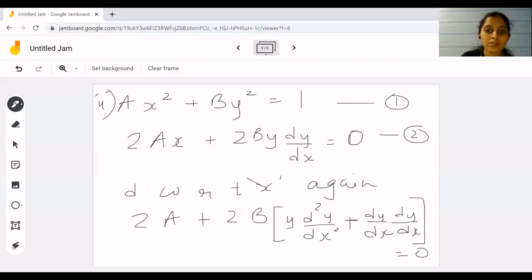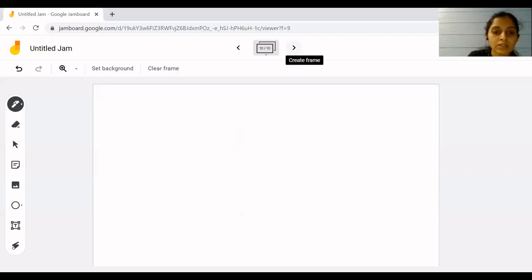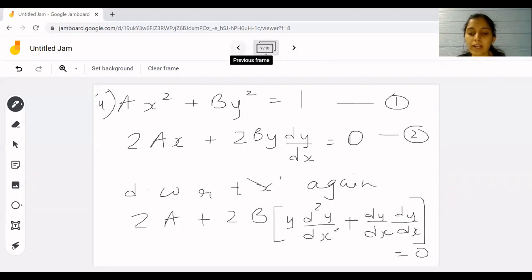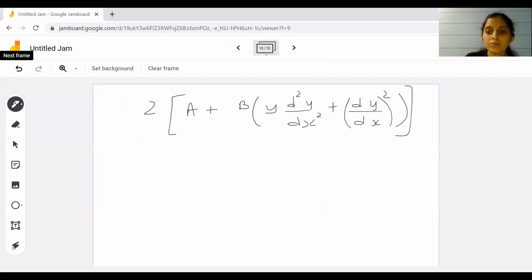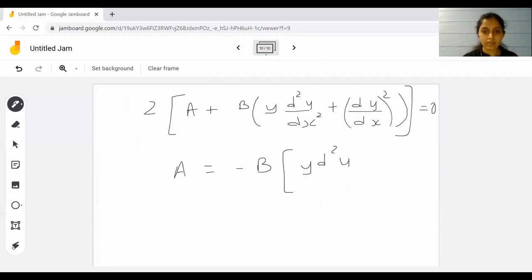Let us remove the 2 common, so we get 2 outside, we get a plus b, and we have a bracket here, y d2y by dx square plus dy by dx the whole square, equal to 0. Now we have a equal to minus b times y d2y by dx square plus dy by dx the whole square.